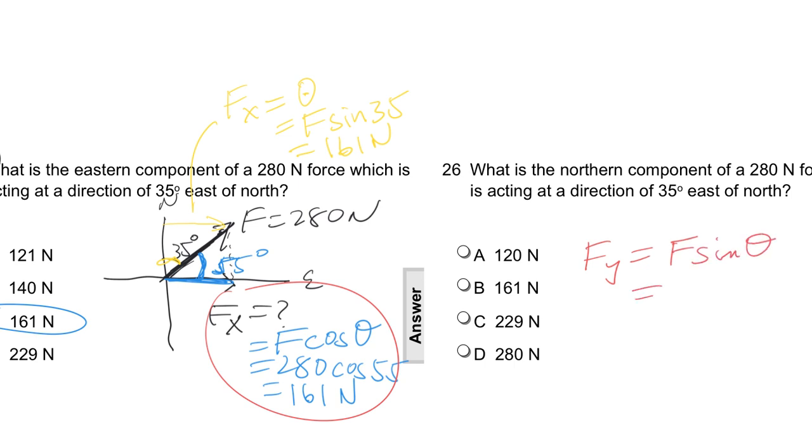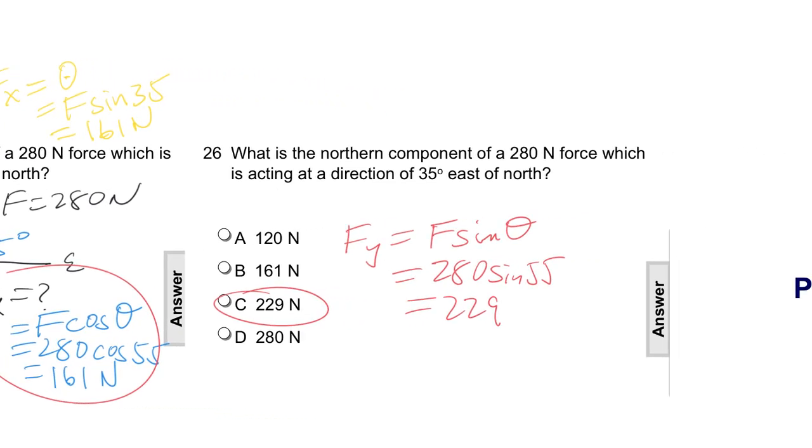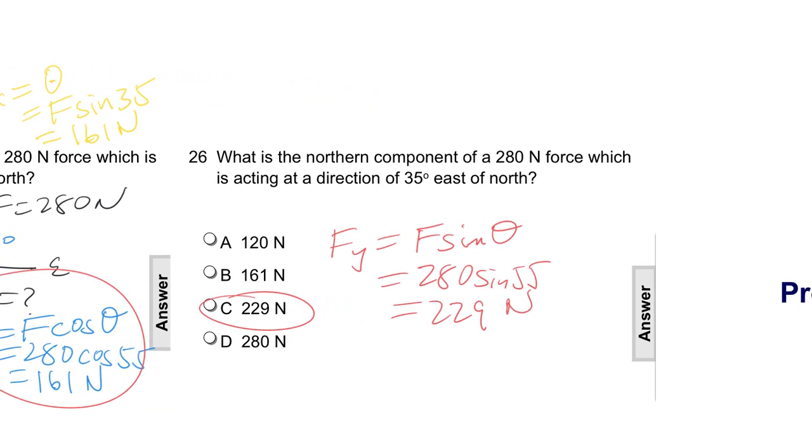That would be 280 sine of 55. 280 sine 55 is 230, or 229.3. I don't know why they're not rounding off to 2 digits like they should, but that's my answer.